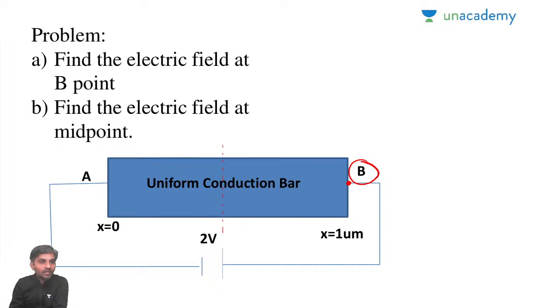What will be the value of x at the center? The total value of x is equal to 1 micrometer, so the center is 0.5 micrometers. At 0.5 micrometers he is asking us to calculate the electric field.